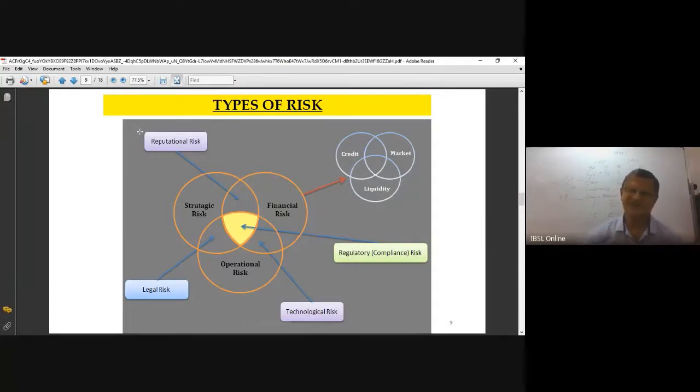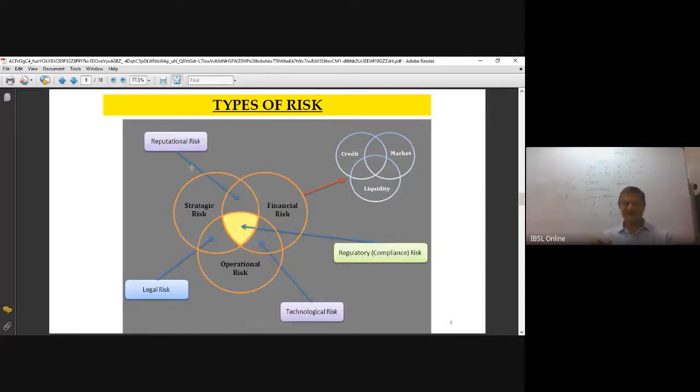So operational risk also has to be managed, and it's a greater risk in banks now. In those days, banking was a brick and mortar operation. Brick and mortar means you have a branch made of bricks and cement, and you need to go to this branch to do your transactions. But now the platforms have changed.